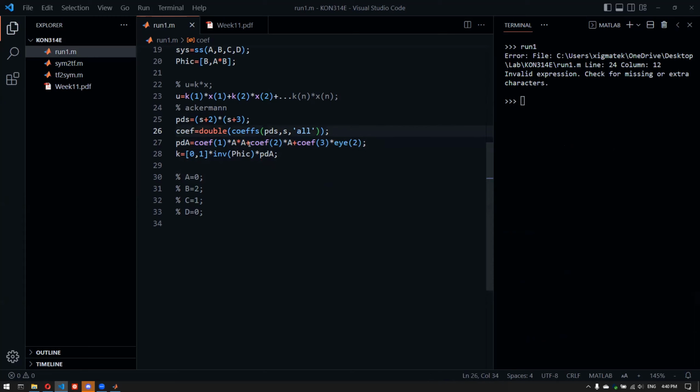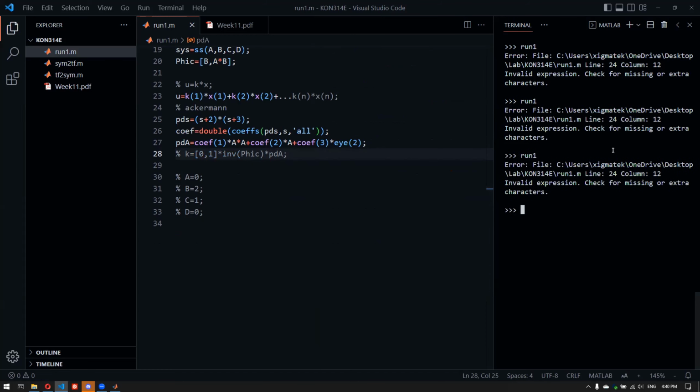if we didn't mess up stuff here. So let me just try it again. In line 24, column 12.